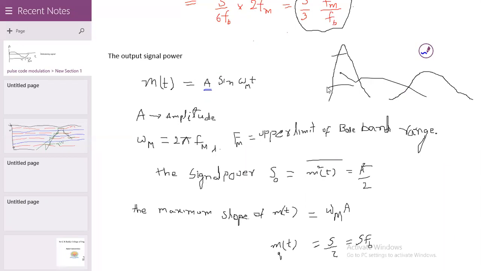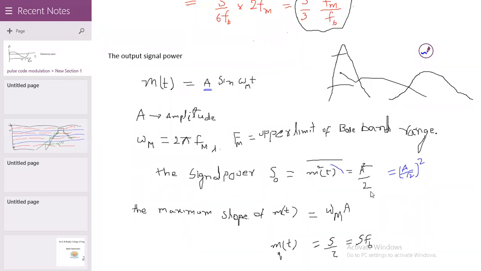Therefore we can find the power of that signal S0, indicated by m square of t bar, which is equal to A by root 2 whole square, that is equal to A square by 2.